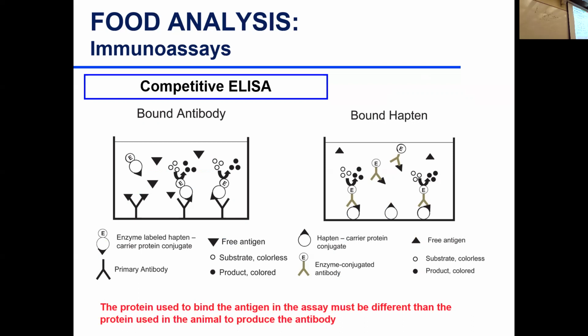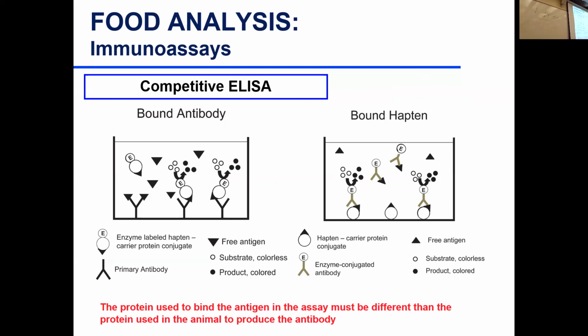So here, my label is the antibody. The enzyme is attached to the antibody. And I have a hapten, which has the carrier protein and the antigen of interest. And then I have my antigen in my sample, the free antigen coming from my sample. So in this case, the antibodies that capture antigens from the sample will be washed off.